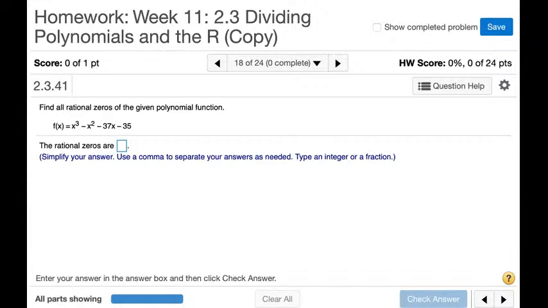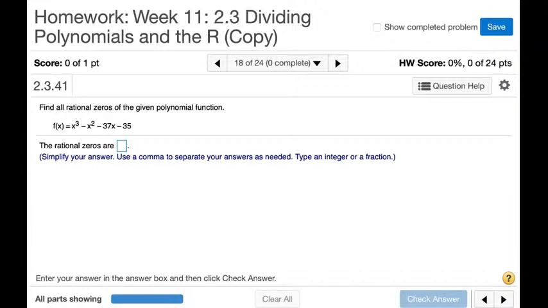Okay. So let's get our paper set up. Usually grid paper, and I think the rest of this is fine. So we're asked to find, so this is kind of a repeat of number 17. It might be a little bit different. We're asked to find all rational zeros of the given polynomial, right? So this is number 18. It comes from section 2.3, question 41 from the back of that section.